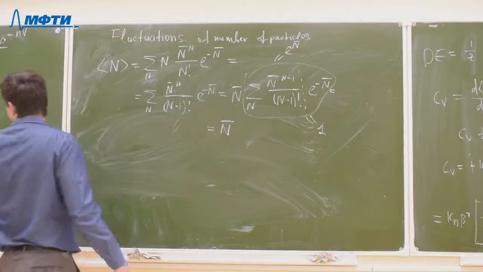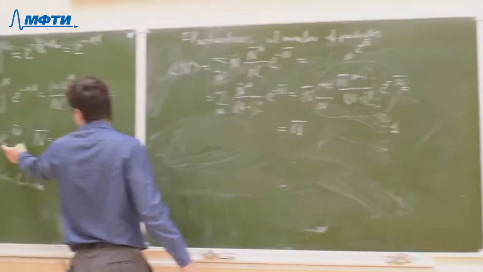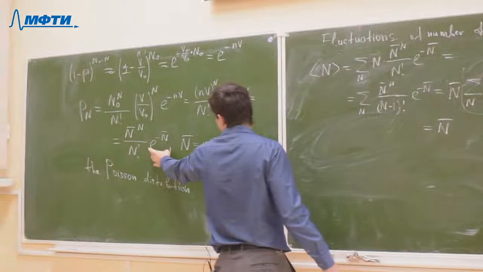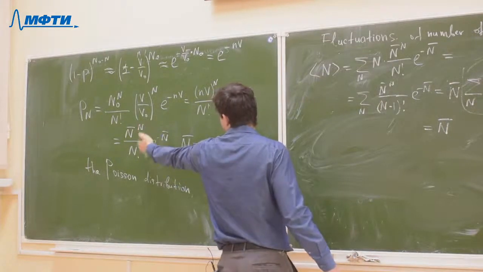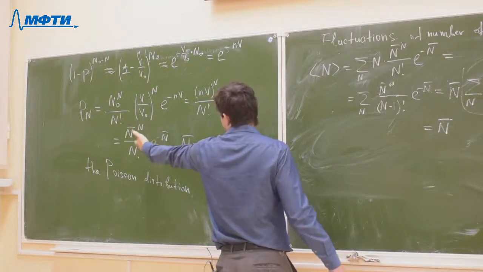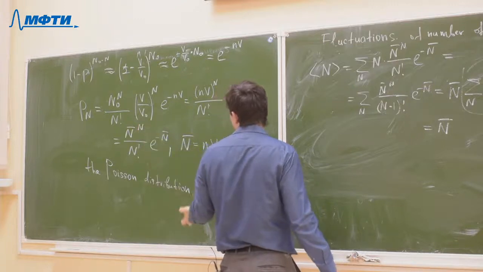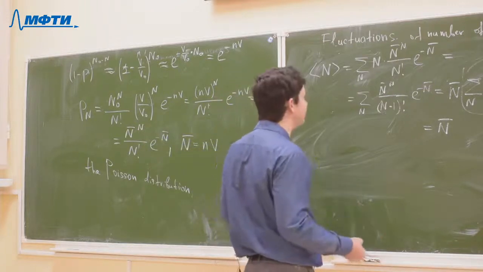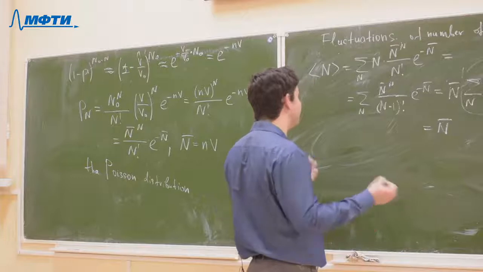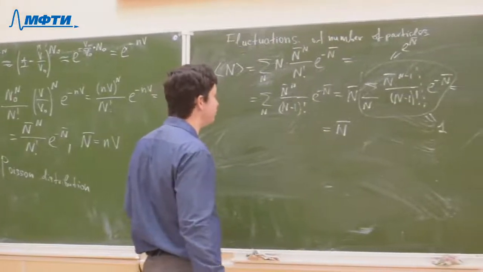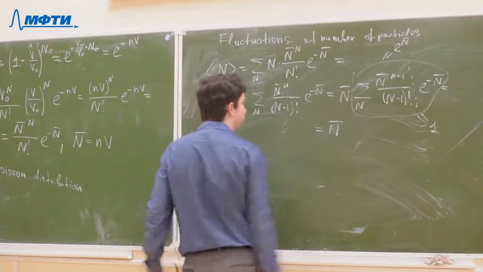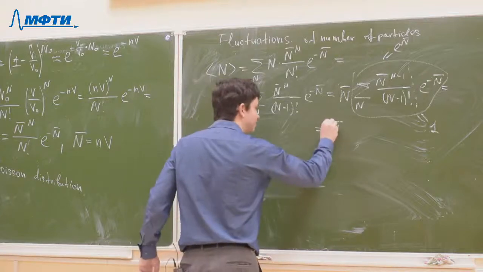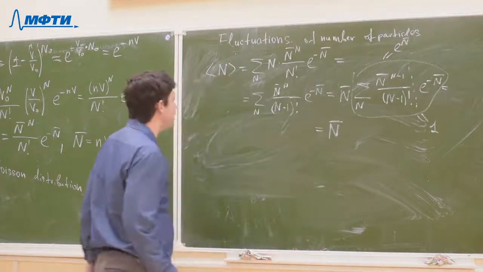So this probability distribution is already normalized. If we calculate the sum of Pn over n starting from 0 to infinity, then we will get 1. And this is what happens here.